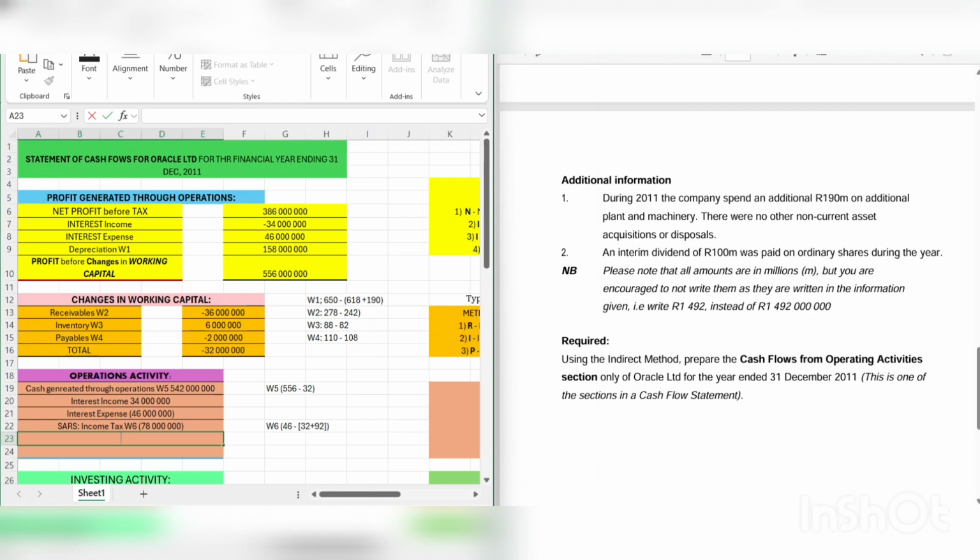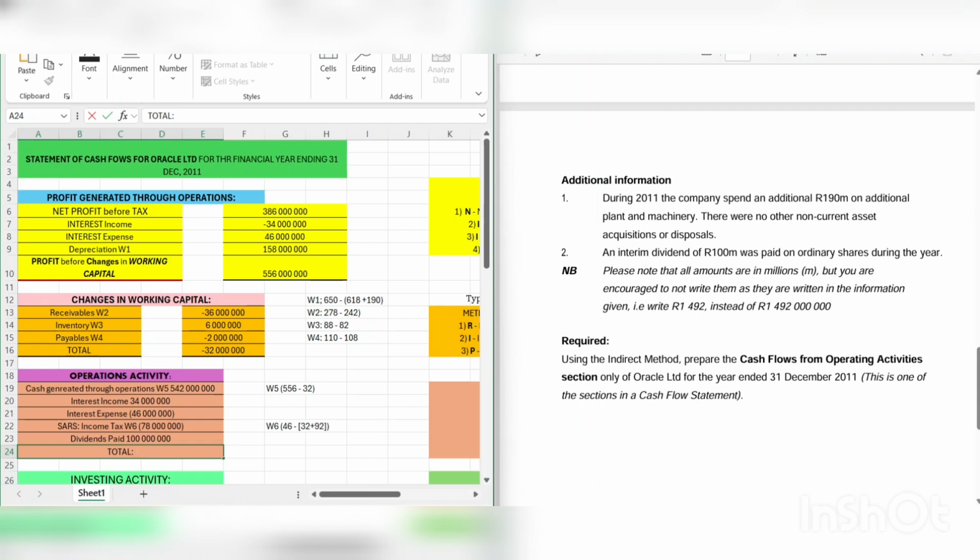We're always looking to see where cash changed hands, and cash changed hands because 100 million was paid. Okay, so dividends paid. All right, and just put the amount, 100 million.